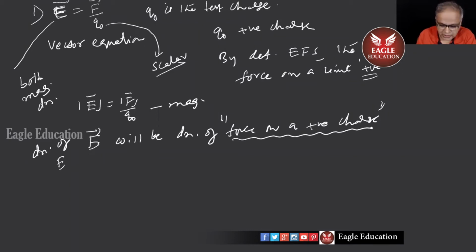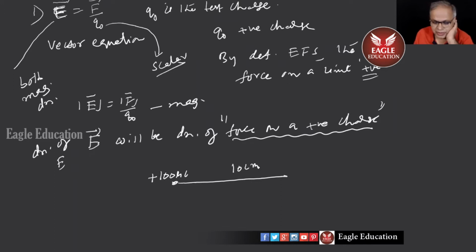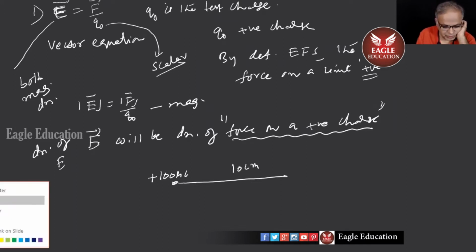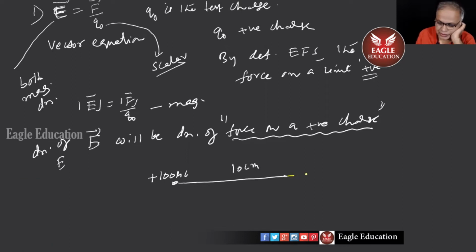What it means, I'll tell you. I've got a plus 100 microcoulombs charge here, and at a distance of some 10 centimeters from it, the direction of electric field will be like this.